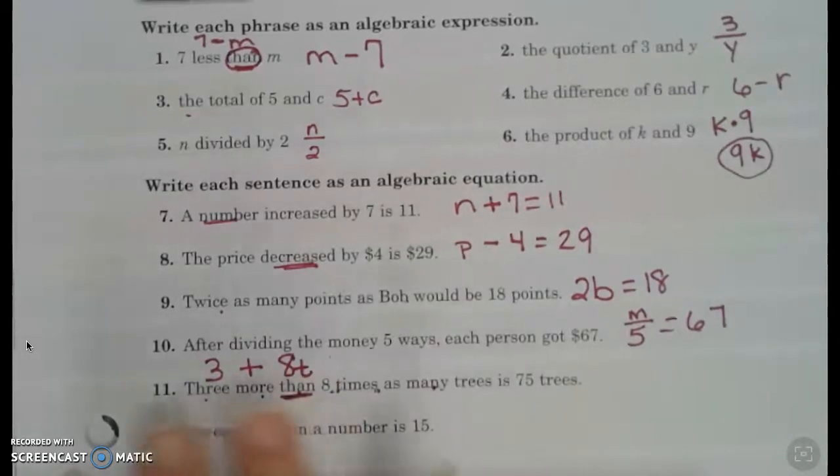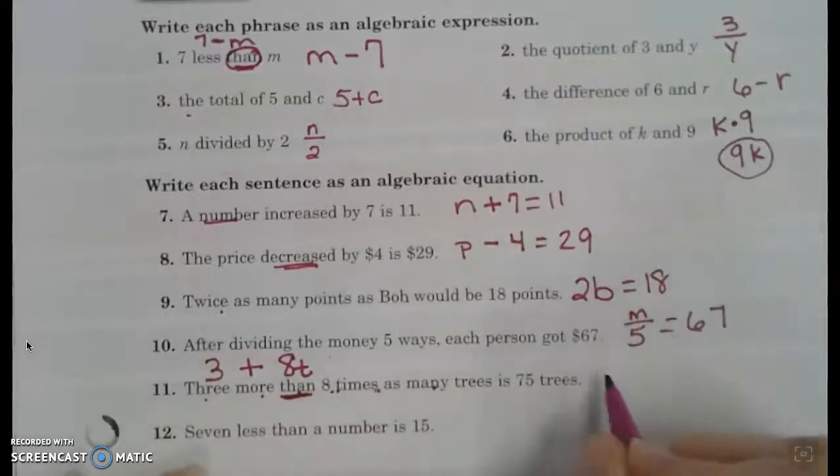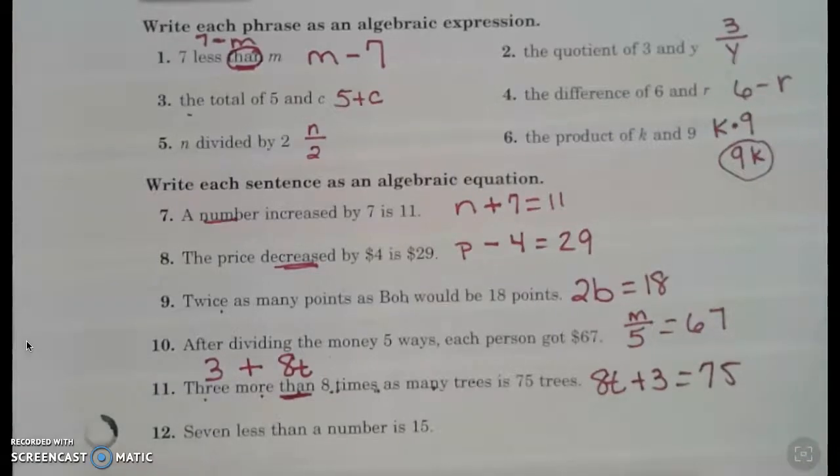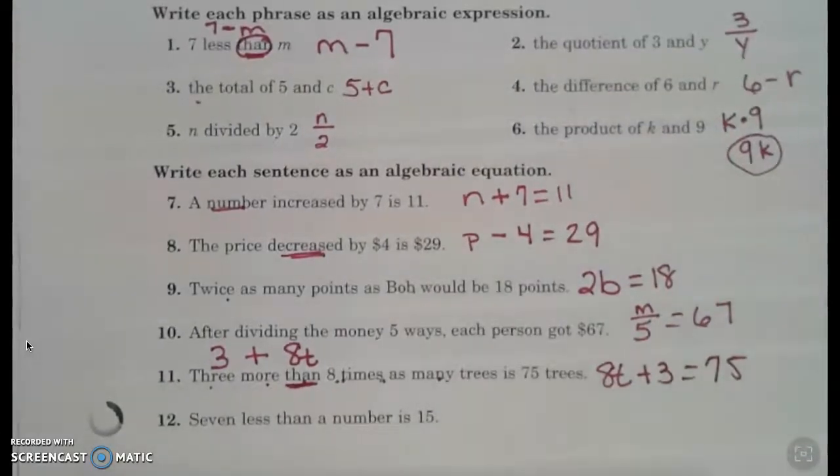But that word "than" means I need to flip these two, because it really means that I start with my 8 times as many trees. So there's my 8 times as many trees plus 3. And now we just finish it up. "Is" means equals 75. So pretty much most things are going to stay in the same order unless you see the word "than." "Than" is the word that we deal with the most.